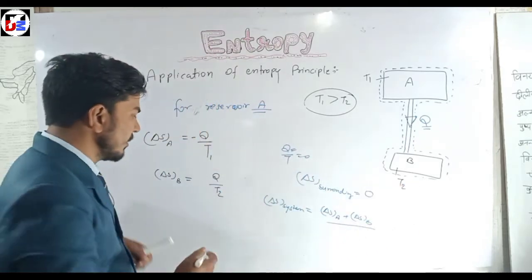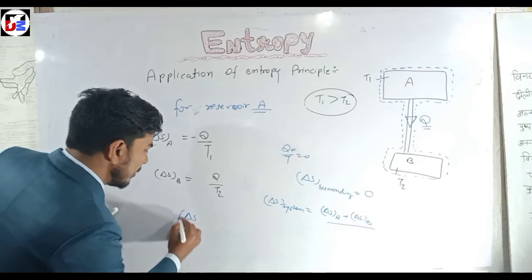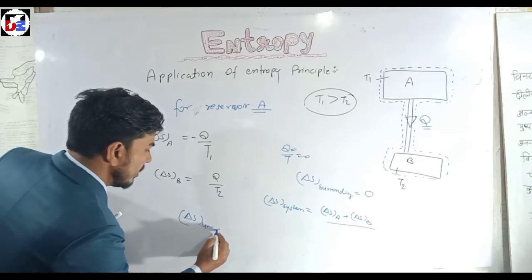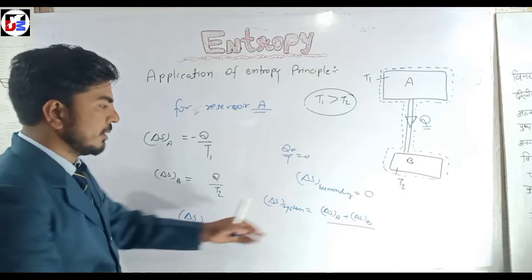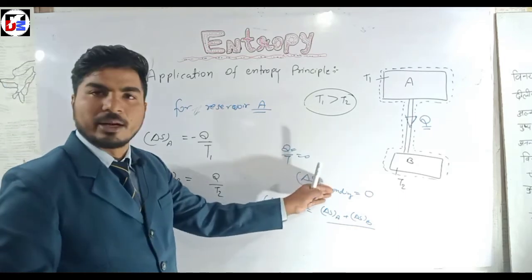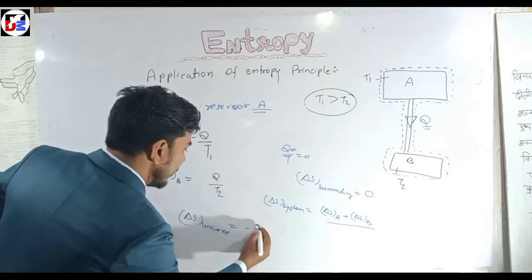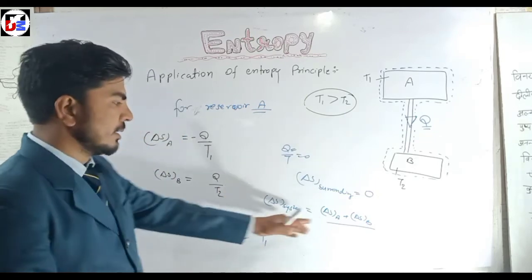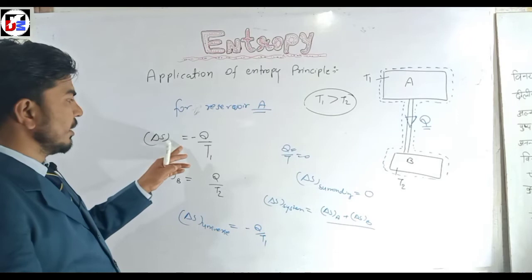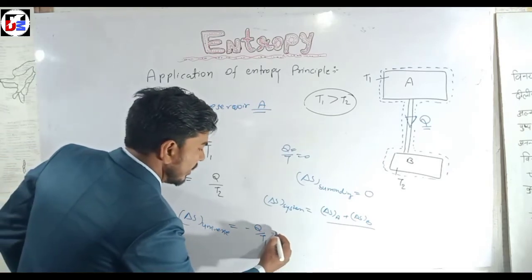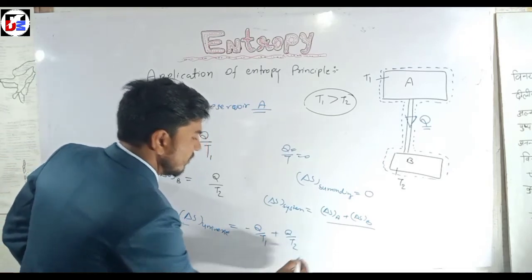So we take delta S universe, where the surroundings term is 0, and we write Q upon T1 for A, here Q by T1 plus Q by T2.